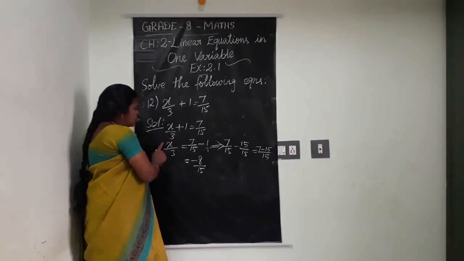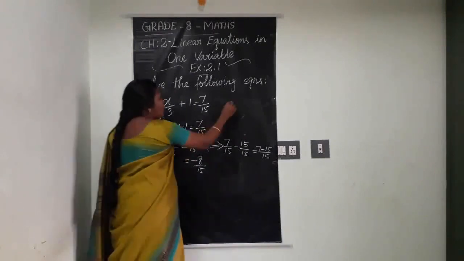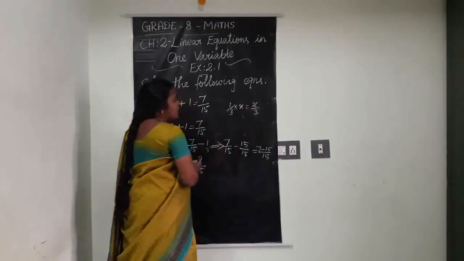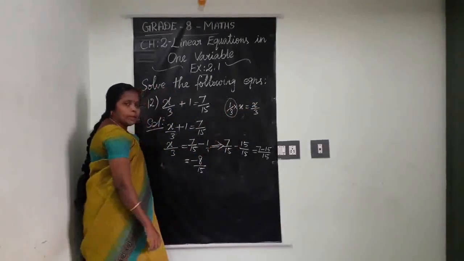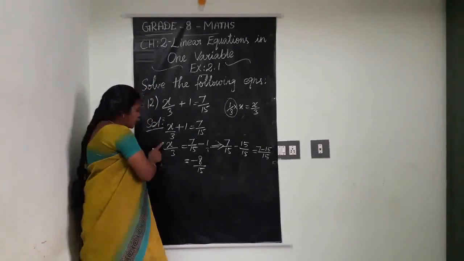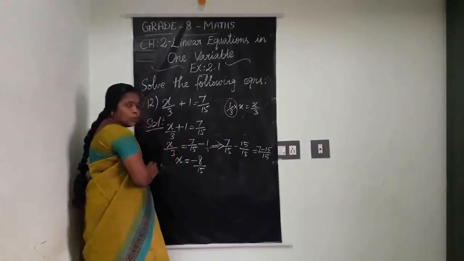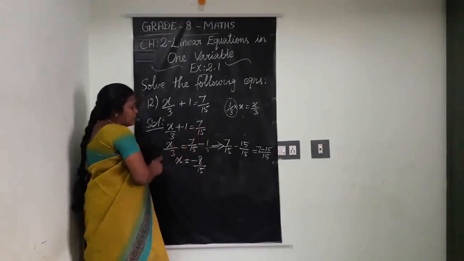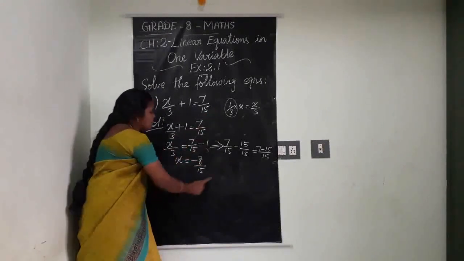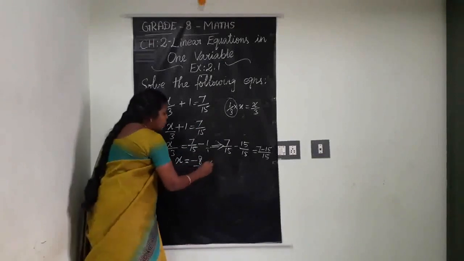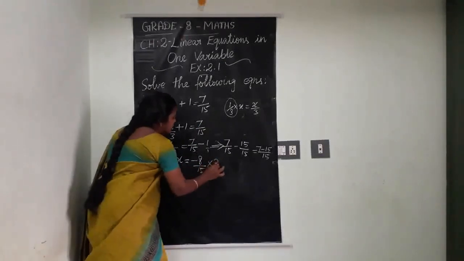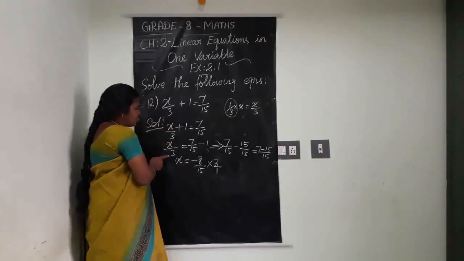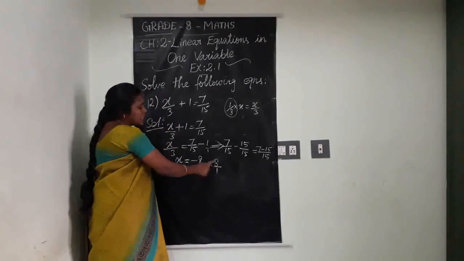Here we need the x value. But what is the coefficient here? 1 by 3. See, 1 by 3 into x only, x by 3. Clear? The coefficient here is 1 by 3. So that 1 by 3, if we want the x value only, which has to be shifted, the coefficient? Plus 1 by 3. If you shift it to the opposite side, it goes to multiplication as 3 by 1. The reciprocal of 1 by 3 is 3 by 1.